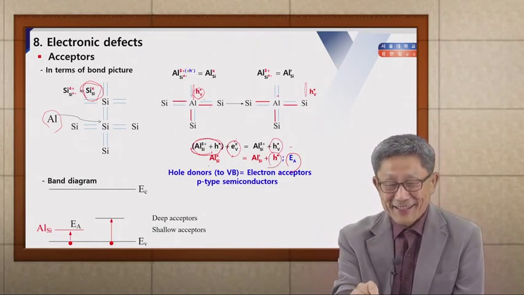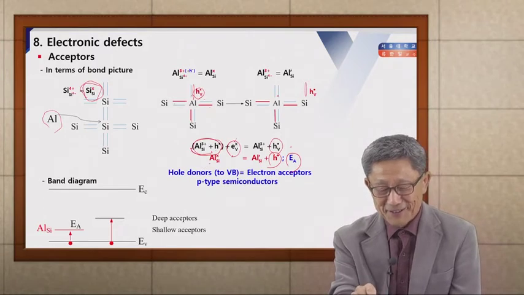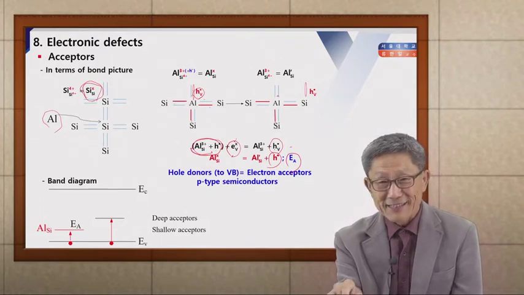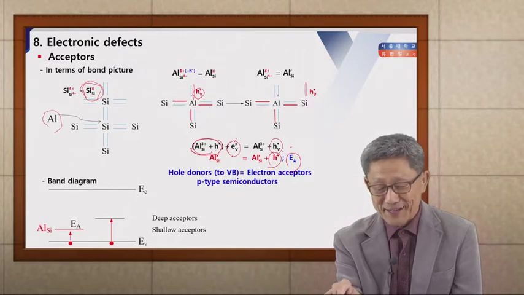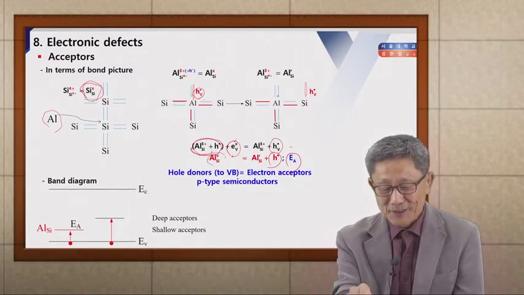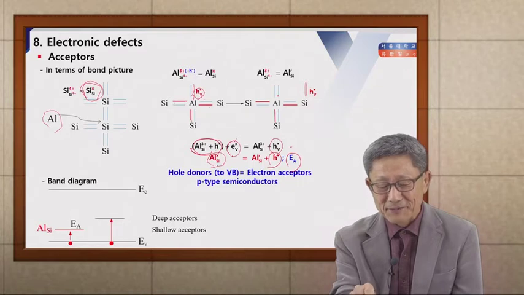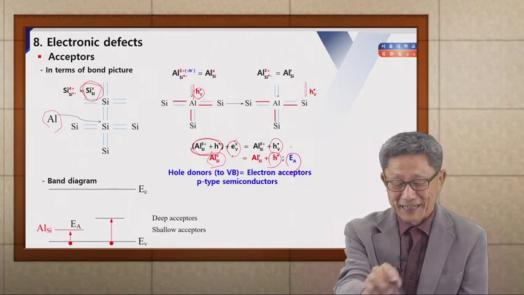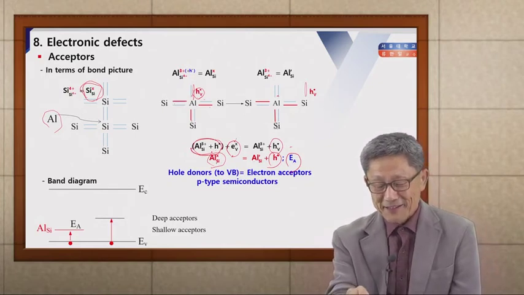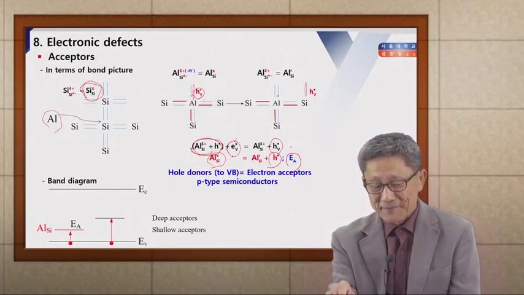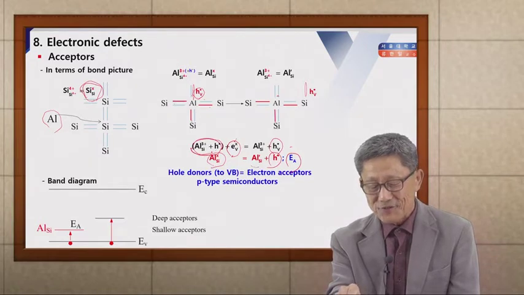So in defect chemistry jargon, you can simply write this, the hole donation reaction, in this way. Now neutral aluminum on silicon site, you know what it is, right? This stuff. Now it gives up holes to the other valence band side, and then it itself becomes trivalent. Therefore, its effective charge is -1.